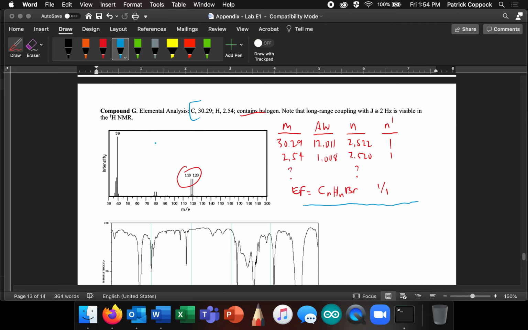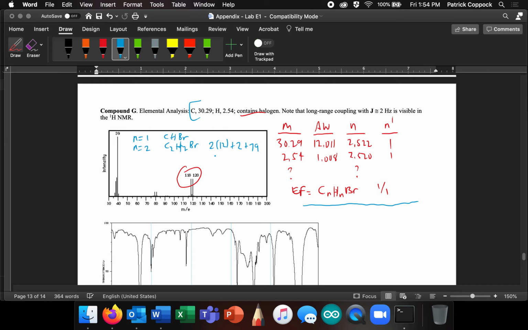Well, if n is 1, then it's going to be CHBr, which doesn't make any sense. Let's suppose n maybe is 2, C2H2Br. Such a compound could exist. If this were true, then the molecular weight would be 2 times 12 plus 2 times 1 plus bromine, which let's say 79.